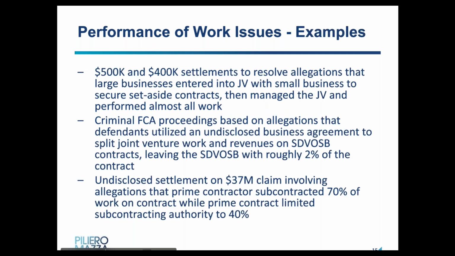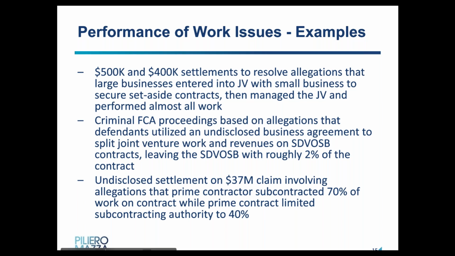So it's super important for small businesses to stay abreast of the requirements for joint ventures, for mentor-protege joint ventures, if they're going down the mentor-protege route where they want to work with a large business, and understanding the limitations on subcontracting rules, not just the percentage of what can be subcontracted, but how it's actually calculated.